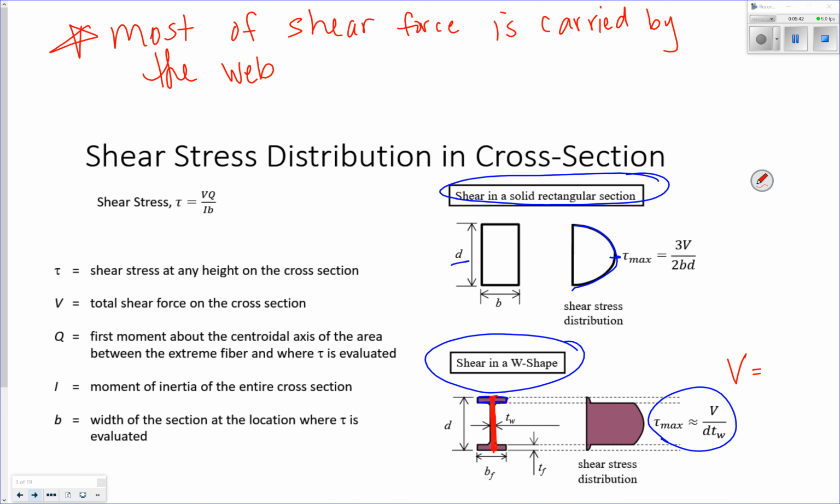Your shear force is equal to your maximum shear stress times your depth times the width of your web.